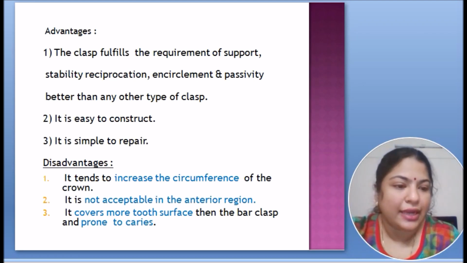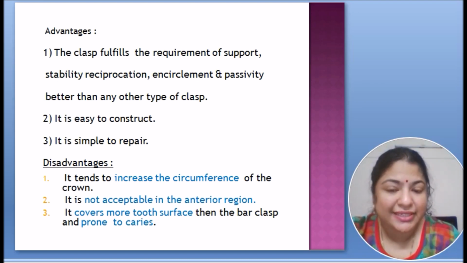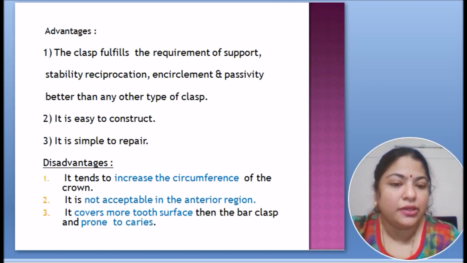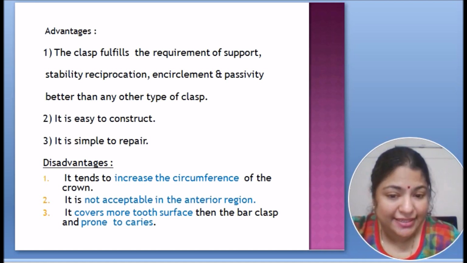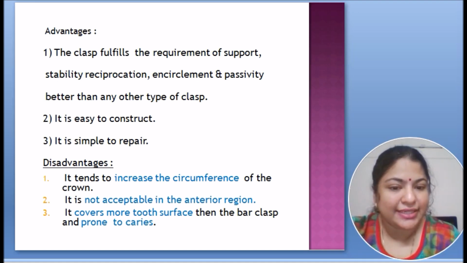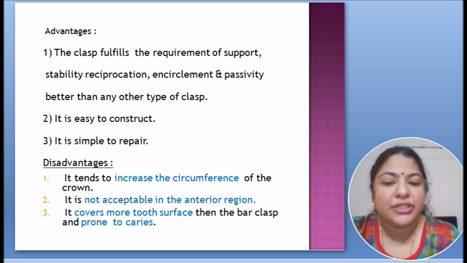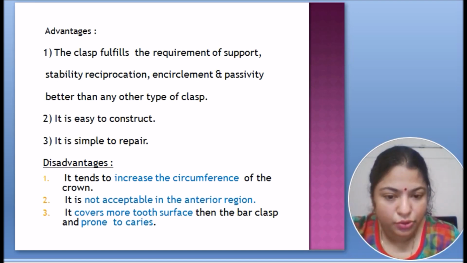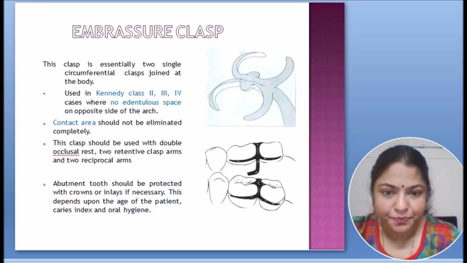It is easy to construct and simple to repair. But the disadvantage is it increases the circumference of the crown. Food lodgement can be a problem, aesthetics is a problem so in anterior regions it cannot be used, and because it covers more area and tooth cleaning becomes difficult, it becomes more prone to caries.